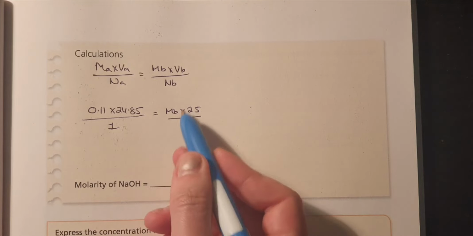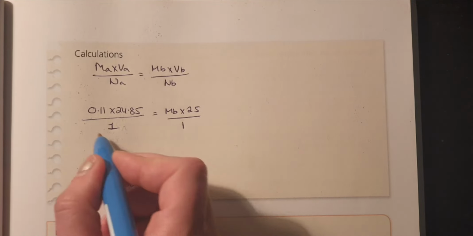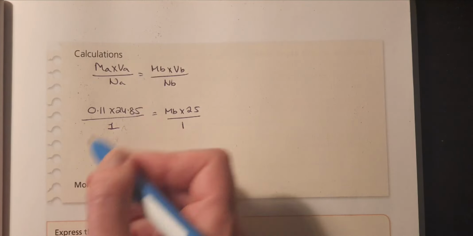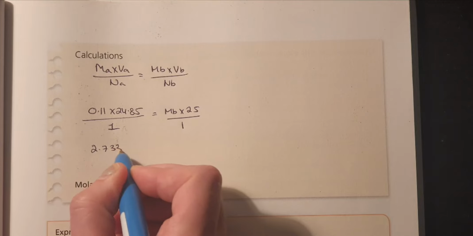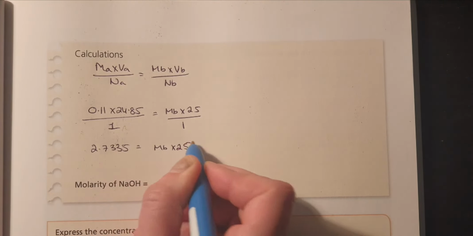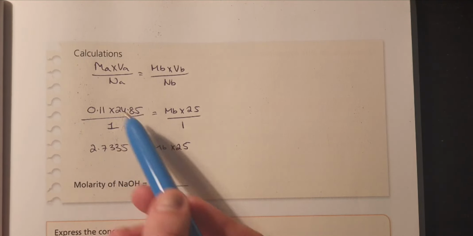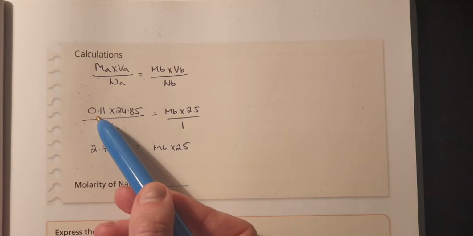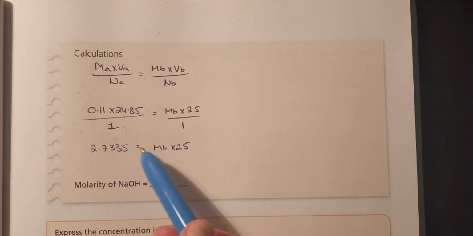Okay, so you can see that we're only missing one variable, so we can go ahead with using this formula. If we put all this in the calculator, I'm going to get this number. You are probably definitely going to get a different number for this side, because you'll have a different molarity for your acid and a different titer.